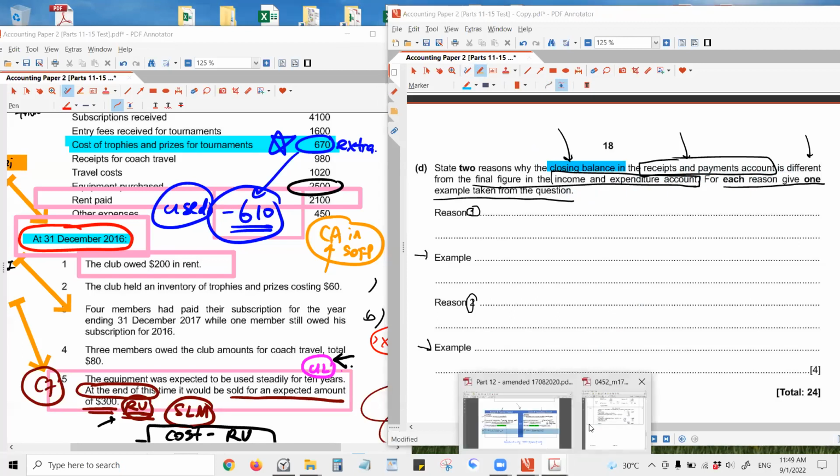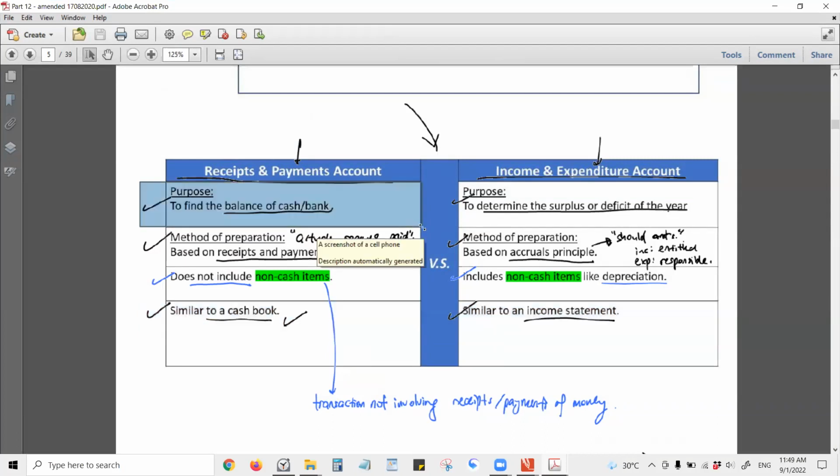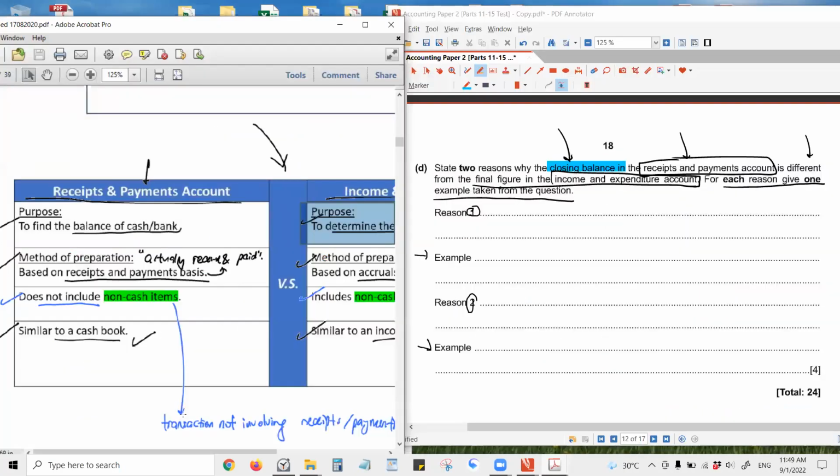We can talk about the purpose of preparing them. Because receipts and payments account is to find out how much money you still have in the business. And this is to find out how much money you have earned during the year. Surplus or deficit during the year. And then for the reason, I will tell you how to pick up. Later I show you how to write. Okay, you follow me, you write together as correction.